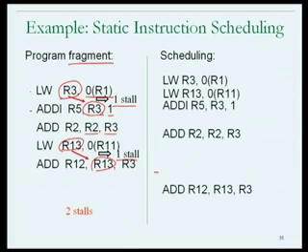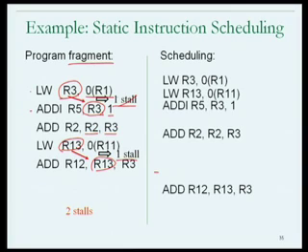What have I achieved? I have caused the need for the stall between the first load word instruction and the add I instruction to be eliminated. Now the load word instruction, which loads into R3, and the add I instruction, which is the first instruction that uses the loaded value, are separated by one instruction, the load word R13 instruction.